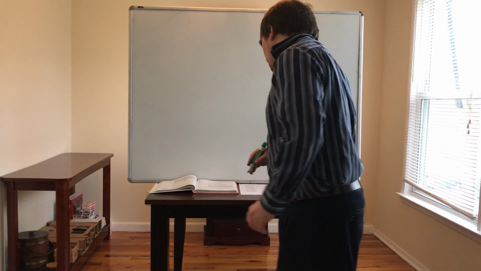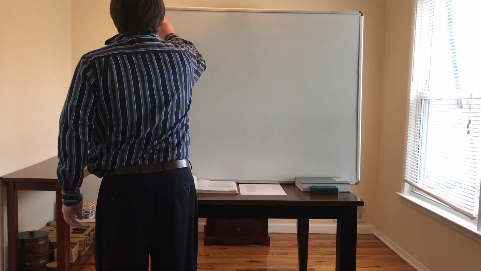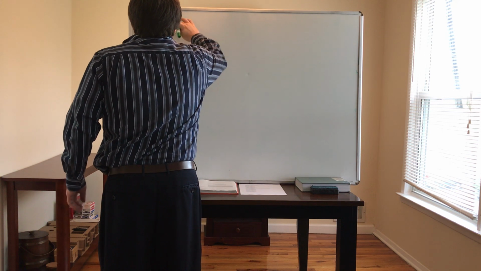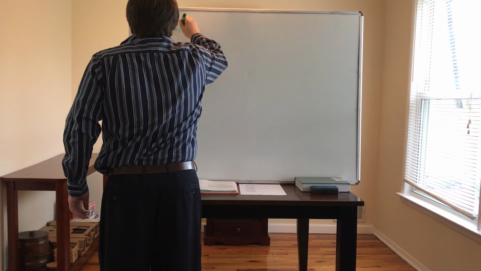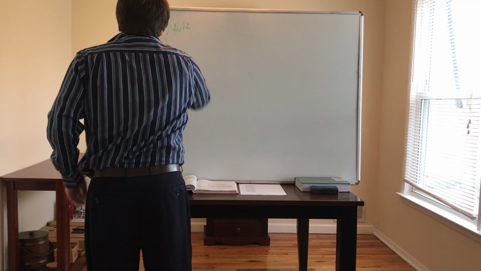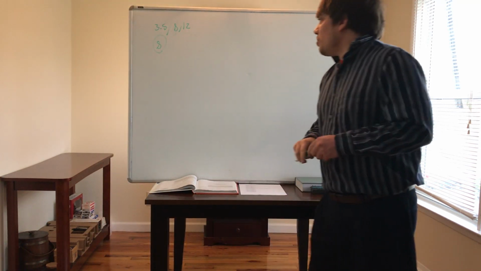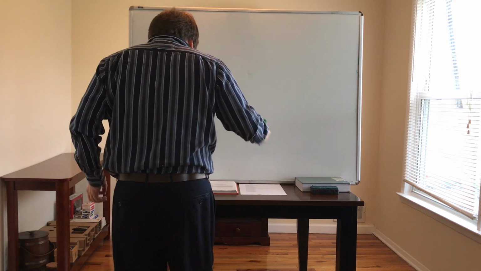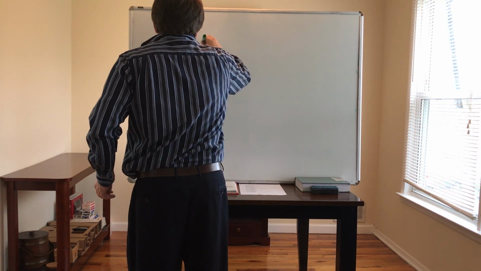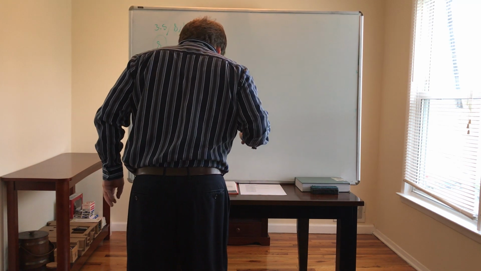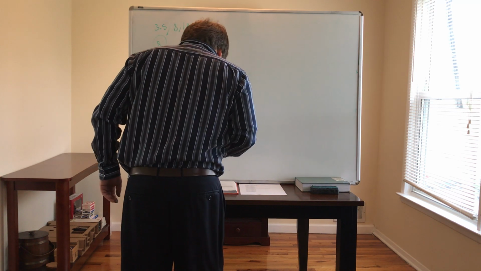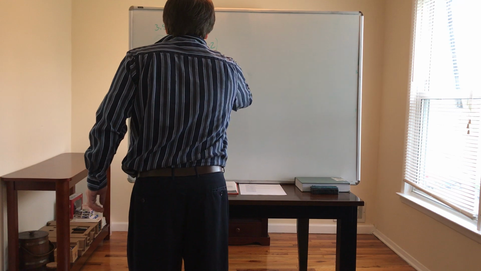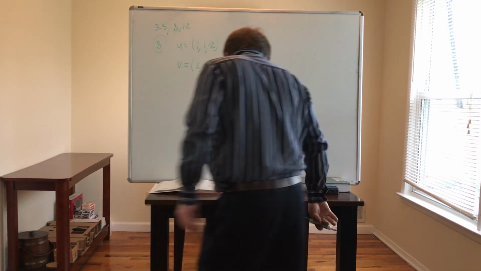Okay, so for 3.5, we have number 8, and we're going to let the u vector and v be equal to the vector 2, comma, negative 1, comma, 2.